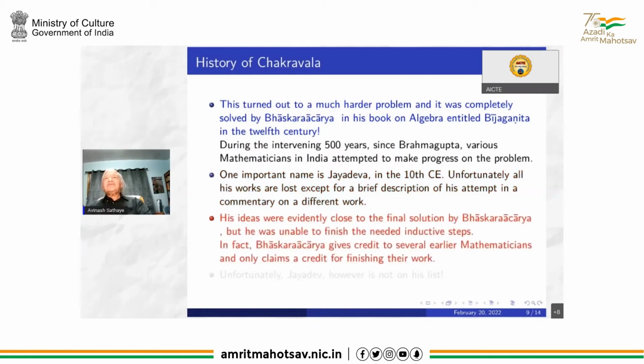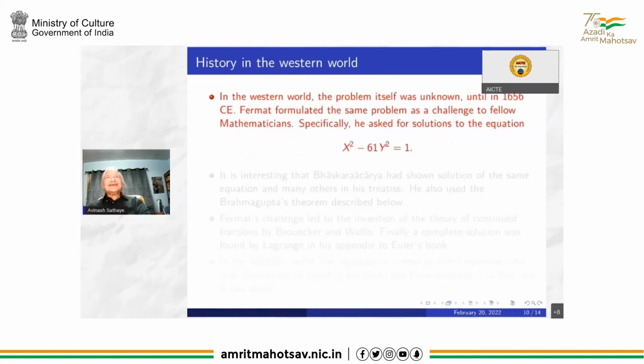His ideas were evidently close to the final solution by Bhaskaracharya, but he was unable to finish the needed inductive steps. In fact, Bhaskaracharya gives credit to several earlier mathematicians and only claims credit for finishing their work. Unfortunately, Jayadeva is not on that list.